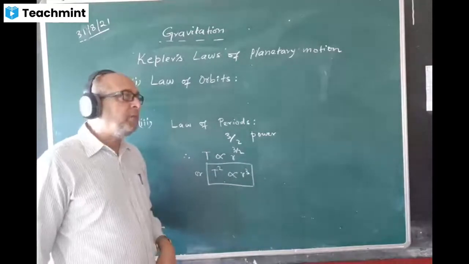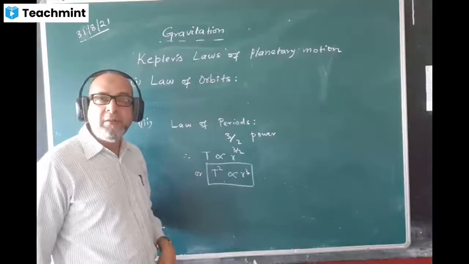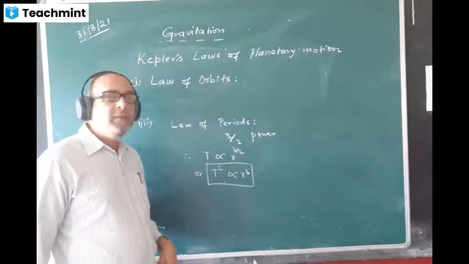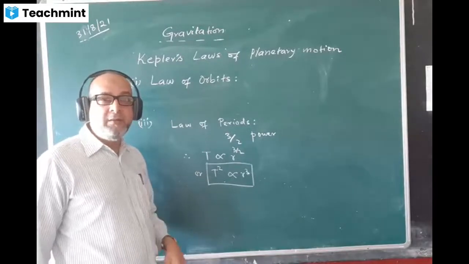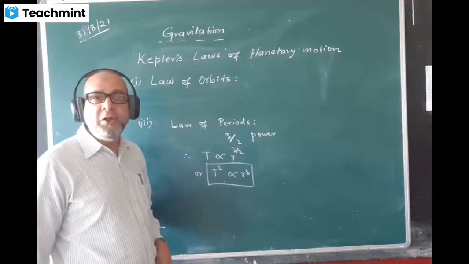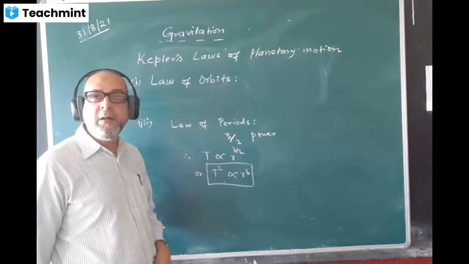Can you guess where the time for a year will be the shortest in our solar system? Mercury. Mercury is the closest to the sun, that's why the duration of its year will be the least.